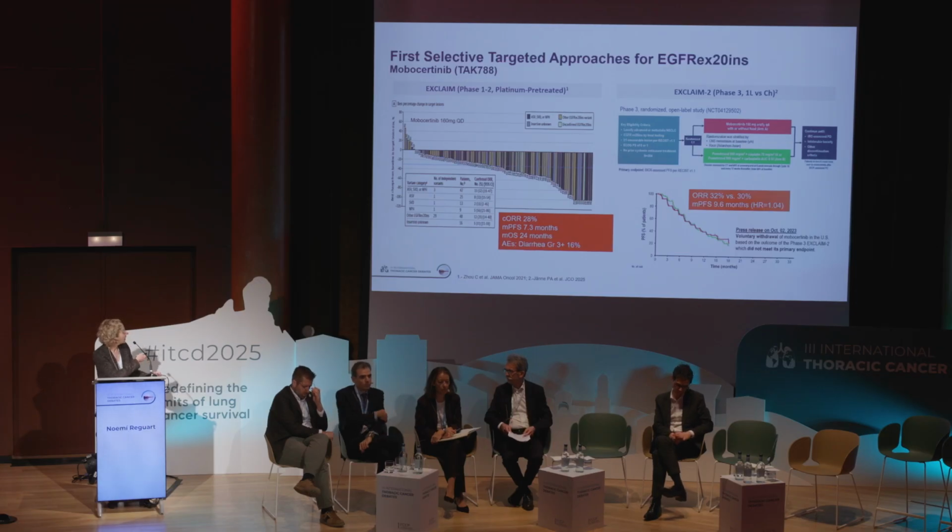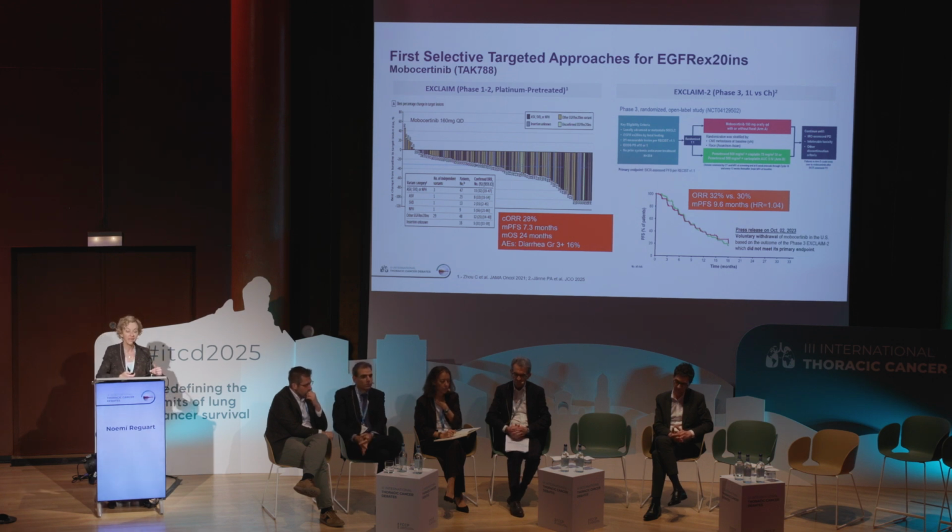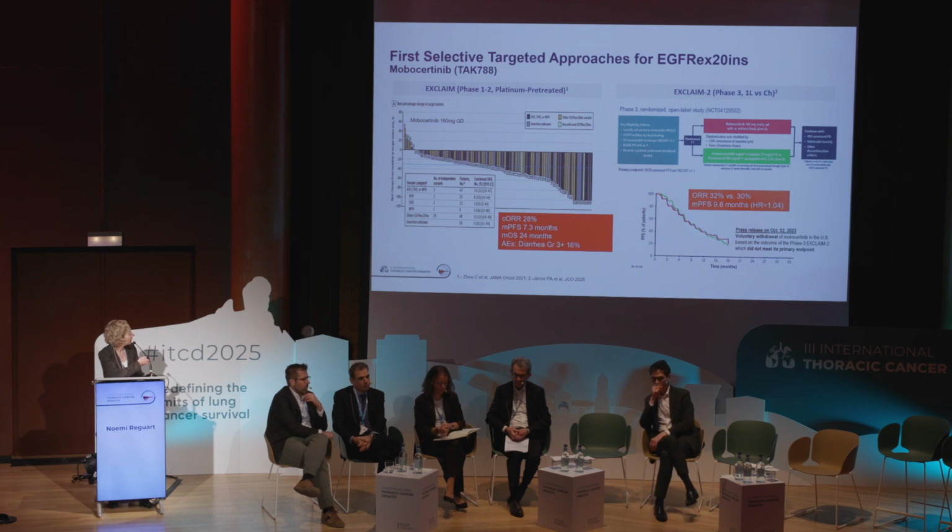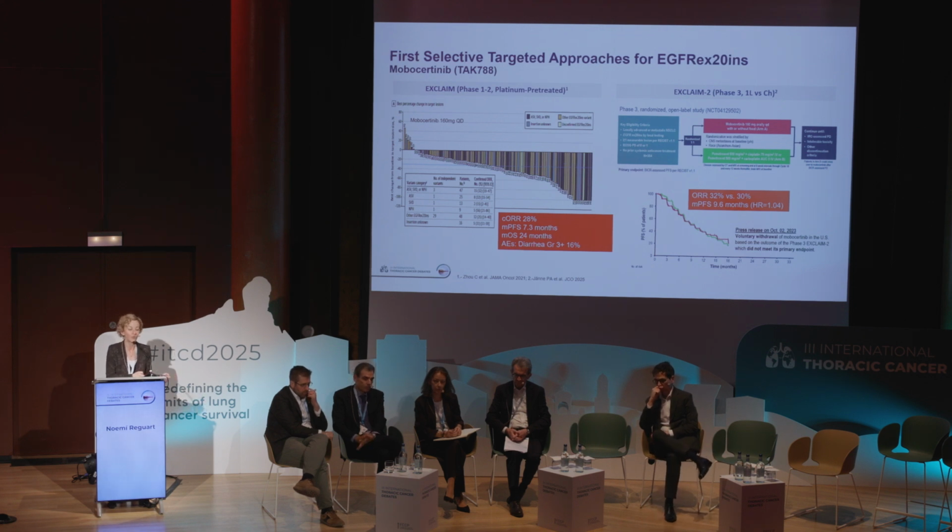As you can see here, in the phase 1/2 EXCLAIM study in patients with exon 20 insertions previously treated with chemotherapy, the activity was very similar to that seen in the CHRYSALIS trial, with an overall response rate, a 7-month PFS, and a median overall survival of 2 years. That was outstanding. That was active. However, one concern was diarrhea, with around 20% grade 3, which was quite high.